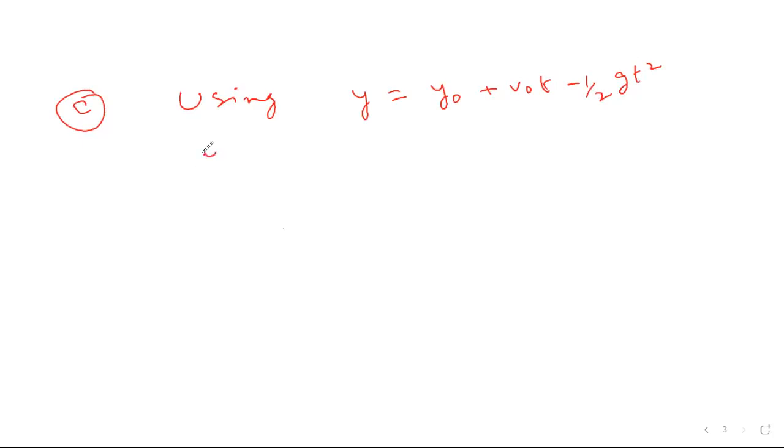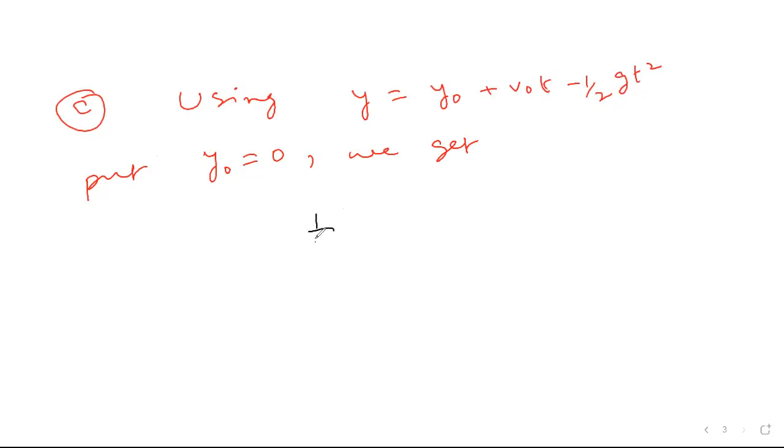y naught is 0 because the point at which we throw the ball upward, we set the origin there. So y naught is 0. When we put y naught 0, what we get?